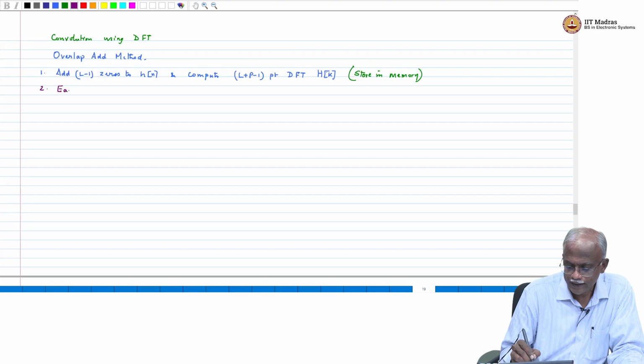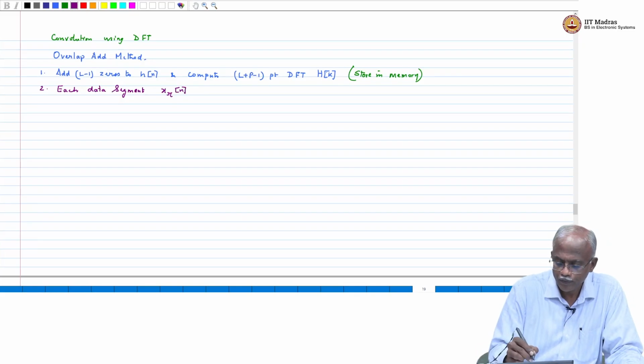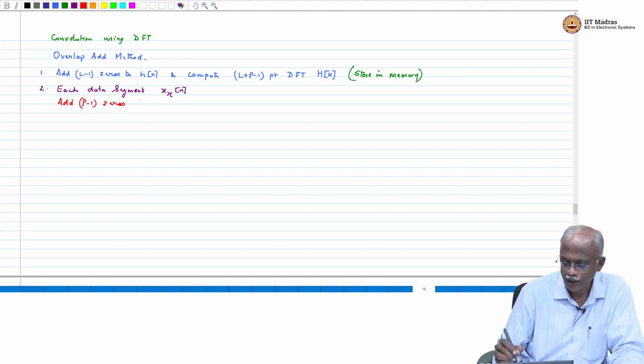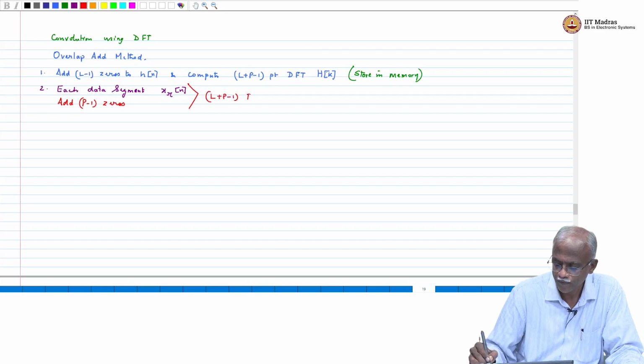Second step, each data segment, okay, we call that x subscript r of n. What we do is we add P minus 1 zeros, then this L plus P minus 1 point DFT.